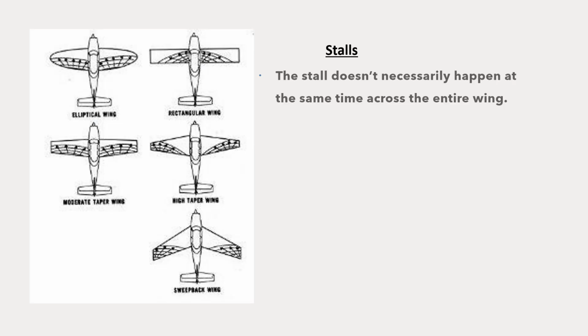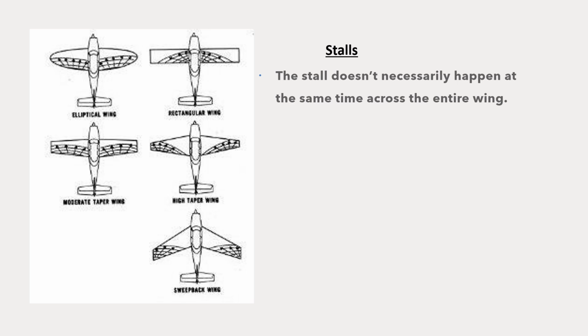The stalls don't necessarily progress the same across the whole wing at the same time. This picture here shows different wing shapes, and the shaded area indicates areas of the wing where the air is separating from the top surface at a point during the stall, and it differs for different shapes of wing.